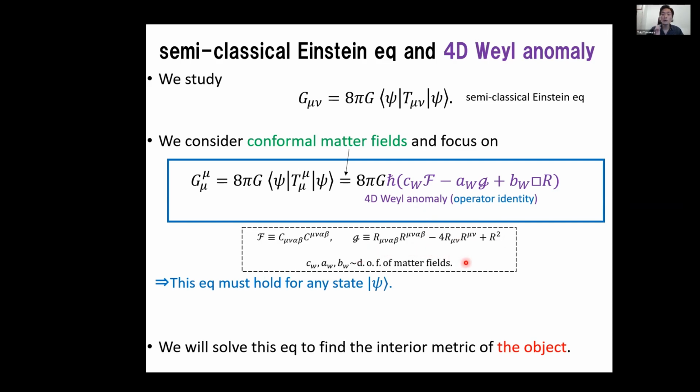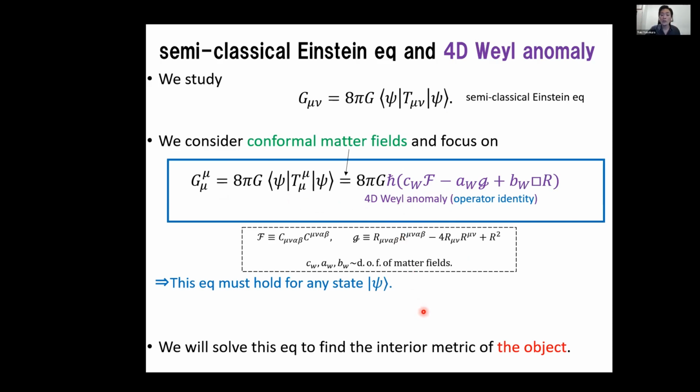The important point is this equation must be satisfied for any quantum state in this semiclassical Einstein equation, because as you can see, this is just a geometrical equation. So in this sense, the result obtained from this equation should be universal for any quantum state.